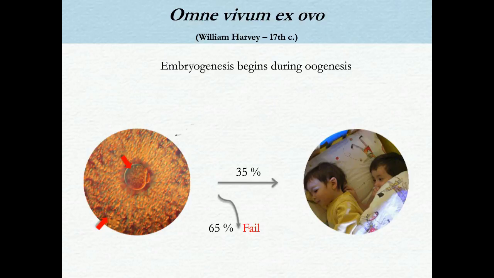The idea that the egg supports the development of a new individual dates back to the 17th century when William Harvey wrote Omne vivum ex ovo, which we would translate in modern times as embryogenesis begins during oogenesis. This means that it is during oogenesis that the oocyte accumulates those goods, those factors that are needed to sustain the early stages of development.